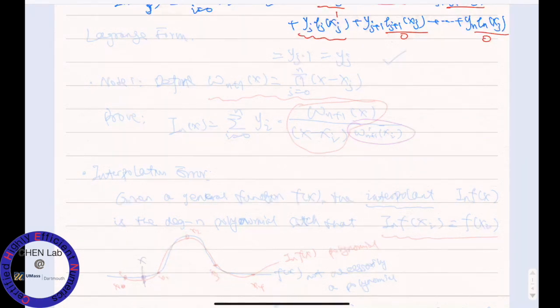So even though there are m plus 1 terms, that's key, only one term is non-zero. Everybody else is 0. That's what's going on. So this is equal to yj times 1, which is equal to yj. Check. All right? And that's true for any j.